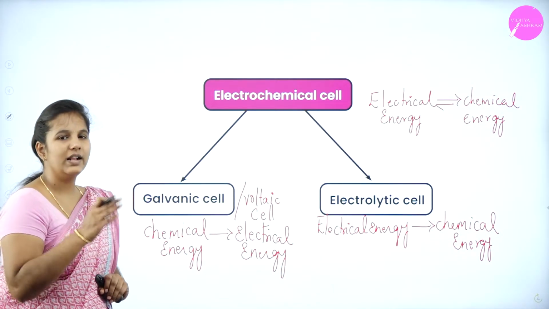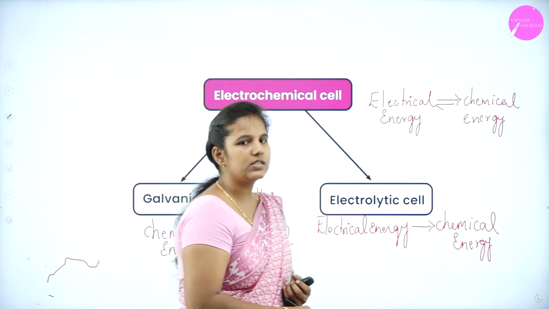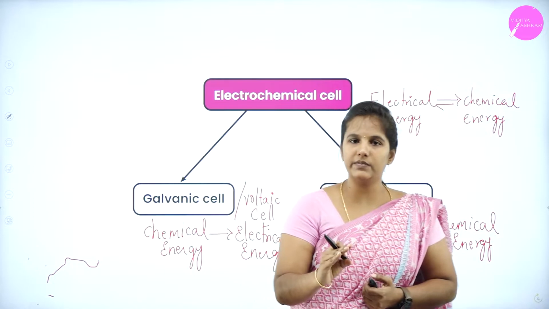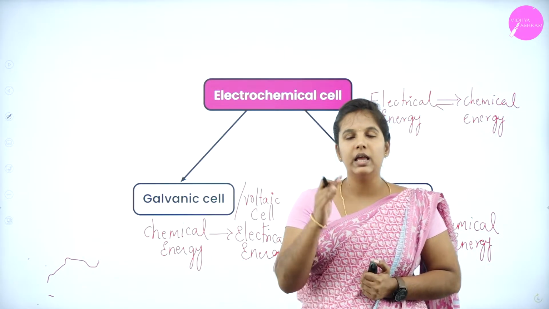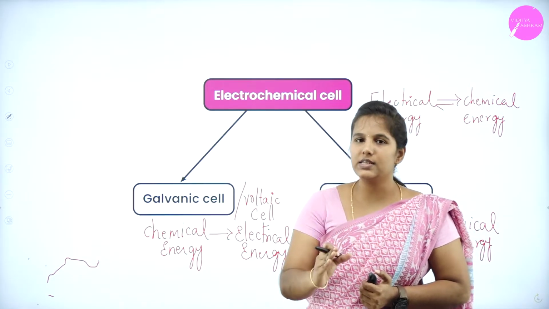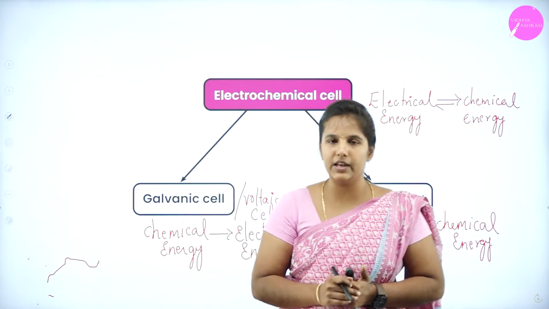This is known as the galvanic cell or the voltaic cell. So, what is a galvanic cell? It is a cell or a device which converts chemical energy into electrical energy, whereas an electrolytic cell is a device which converts electrical energy into chemical energy.